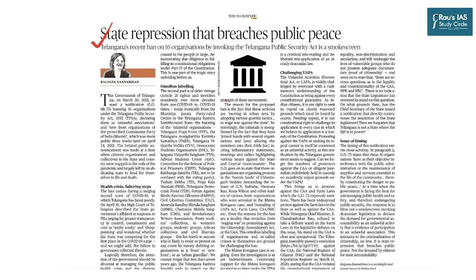Then this article on page number 6, "State Repression That Breaches Public Peace", talks about the government of Telangana's recent notification, which has banned 16 organizations under the Telangana Public Security Act 1992. Under this notification, all these organizations have been termed as unlawful associations, and in this whole article, all the author does is counter the belief of the state government that these 16 organizations are unlawful.